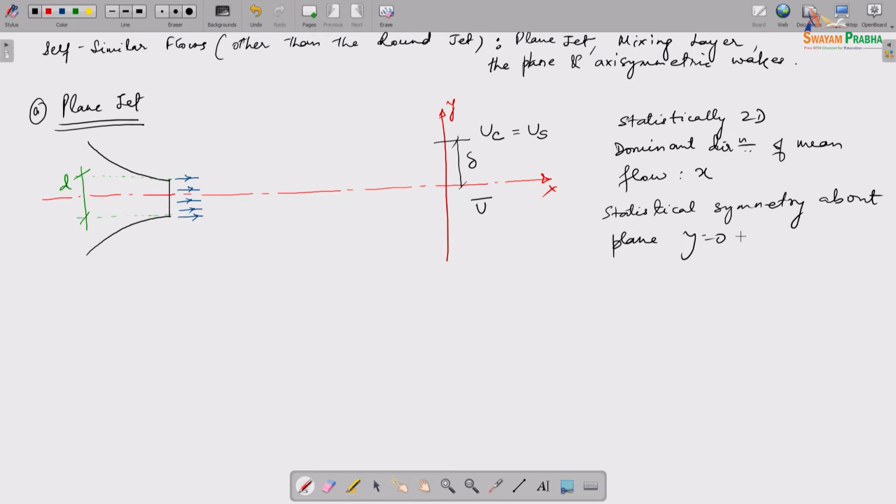And statistics is also independent of coordinate z, okay. Now in an experimental setup, okay, so let me explain that a little more.